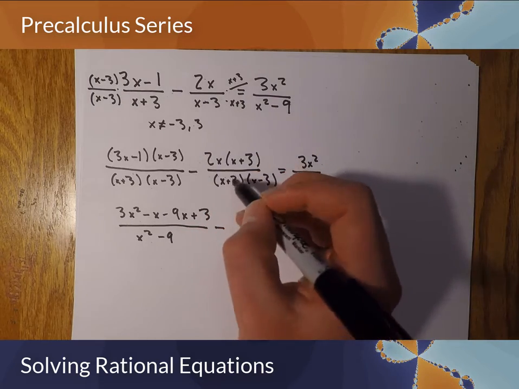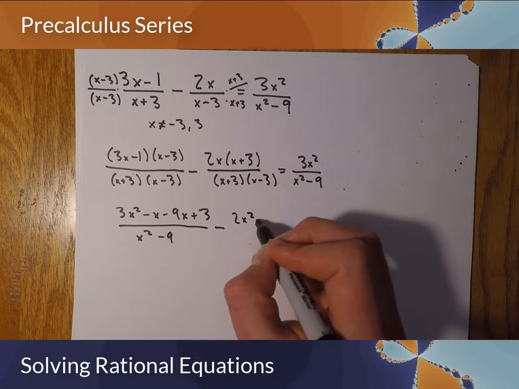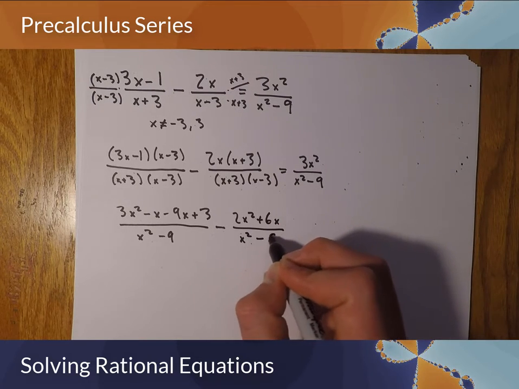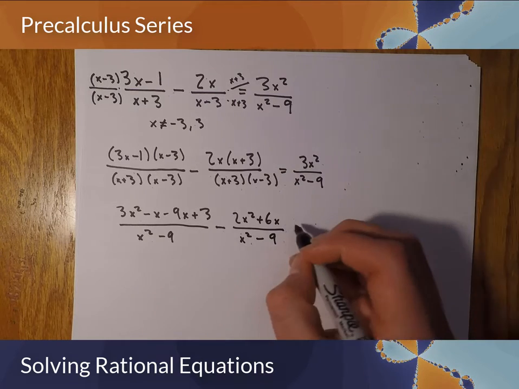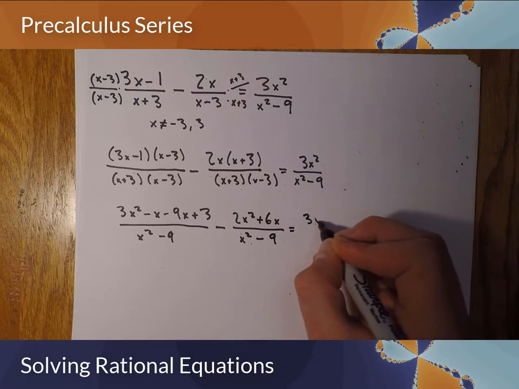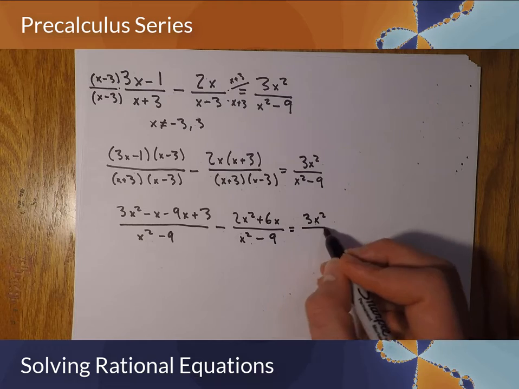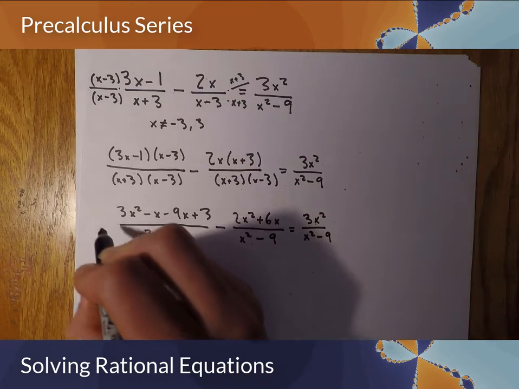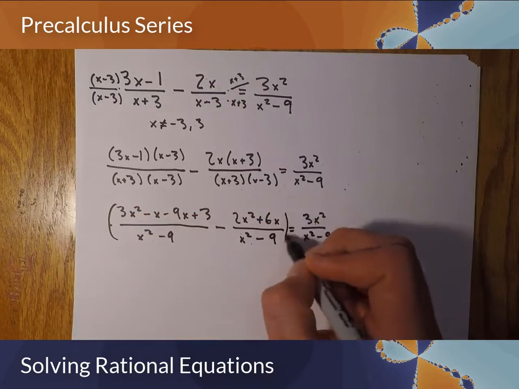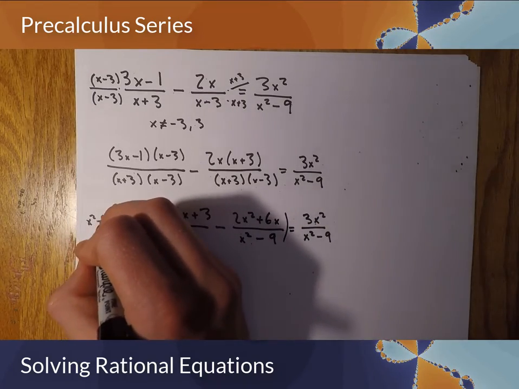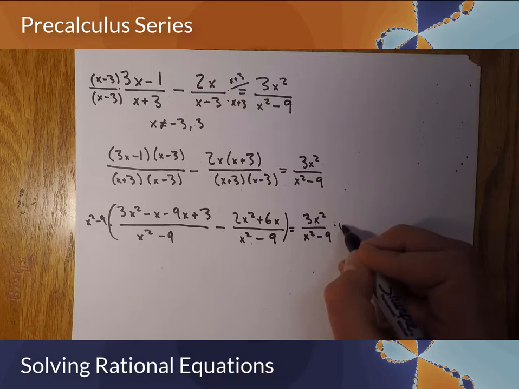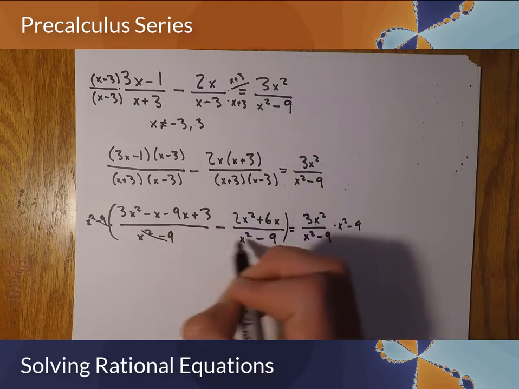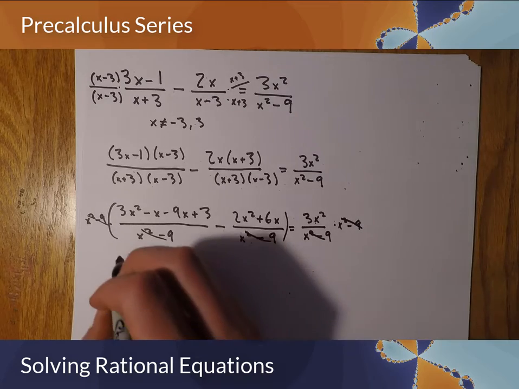And then right here we just have 2x squared plus 6x all over x squared minus 9. Okay, this is looking nicer. And that is equal to 3x squared over x squared minus 9. So now we can multiply this whole thing by x squared minus 9 to get x squared minus 9 out of the denominator. So this cancels out, that cancels out, that cancels out.